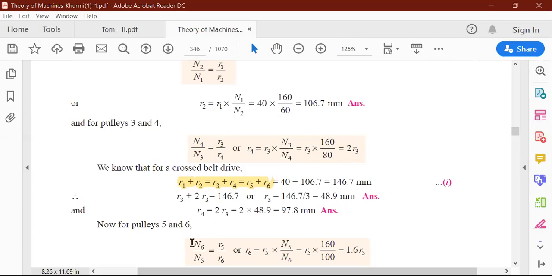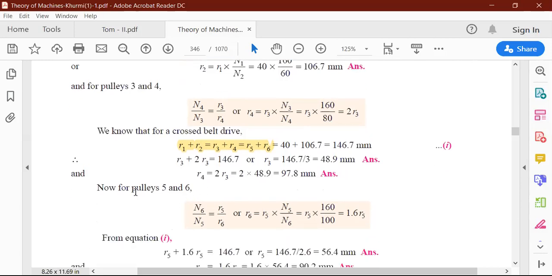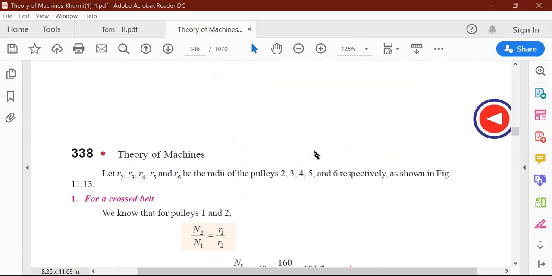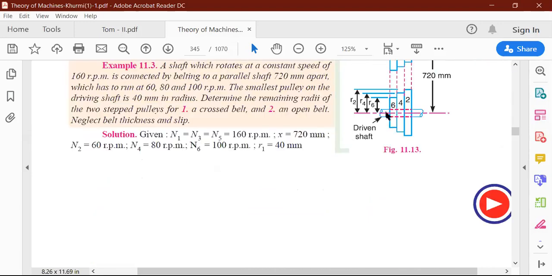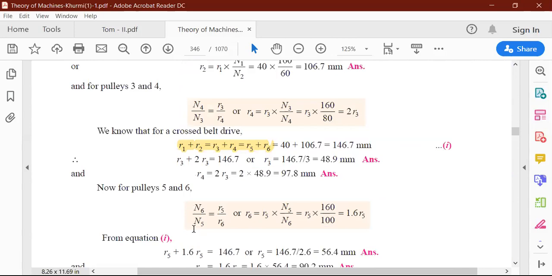Okay. Similarly, we apply the speed ratio formula for the fifth and sixth pulley. So we can write N6 divided by N5 is equal to R5 divided by R6. Again R5 and R6 are unknown, so again we get one relation between R5 and R6, that is R6 is equal to R5 multiplied by N5 divided by N6.